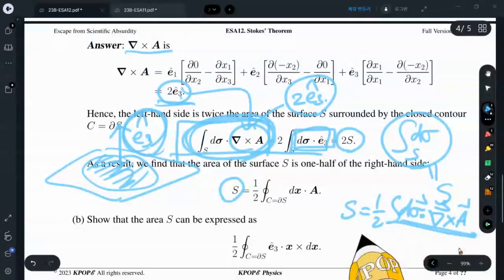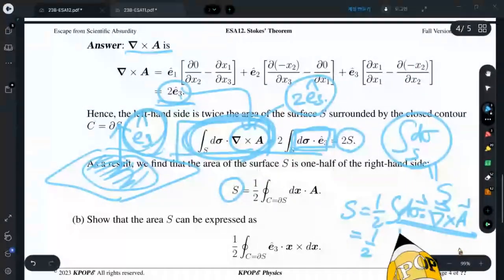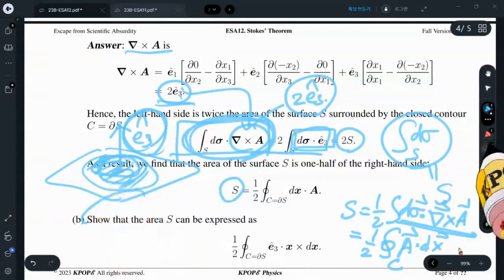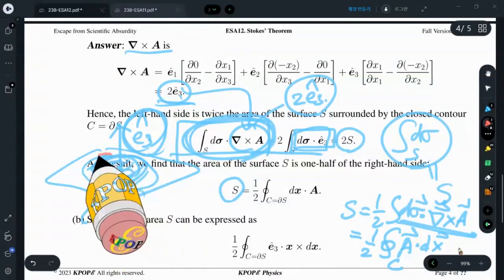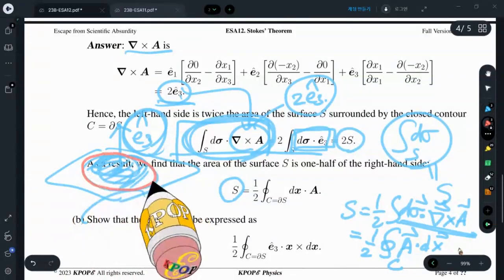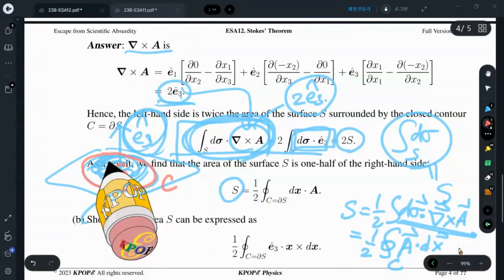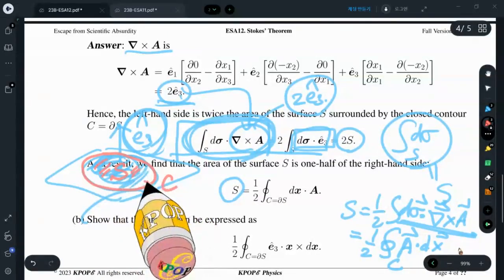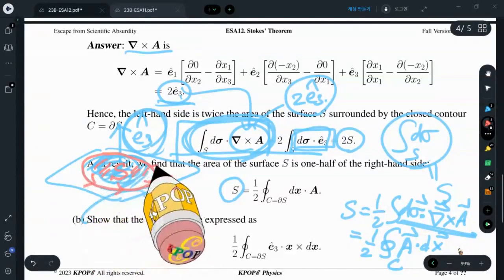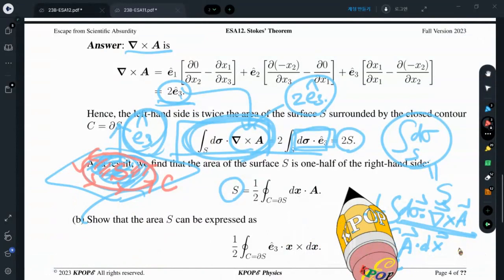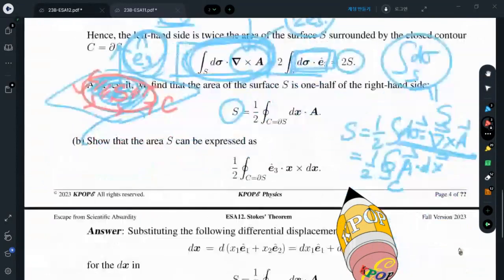According to Stokes' theorem, this is the integral of A dot dx over the closed path. This is an open surface S, and this is the closed path C.